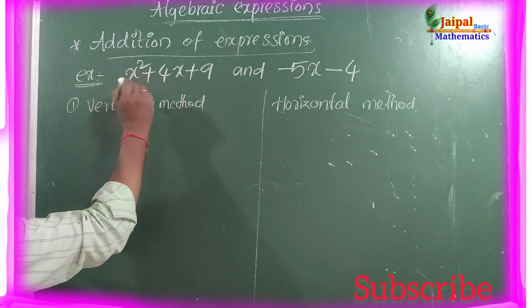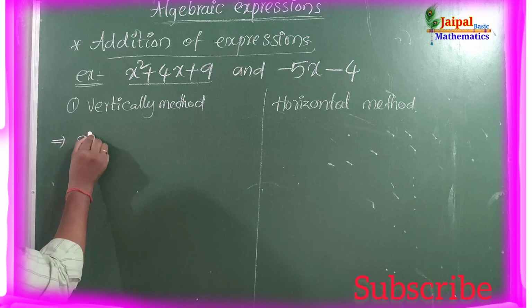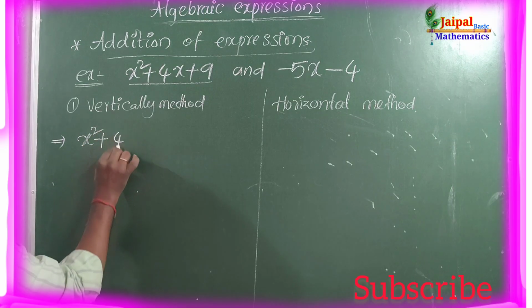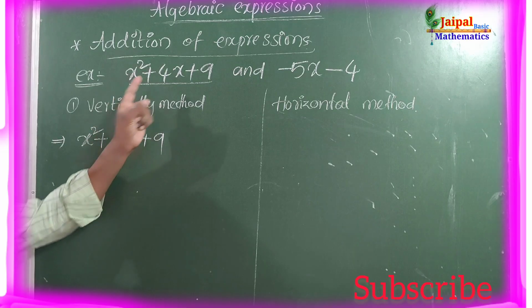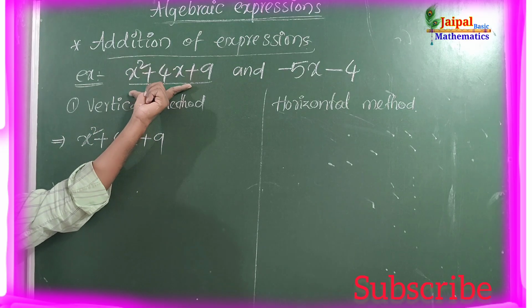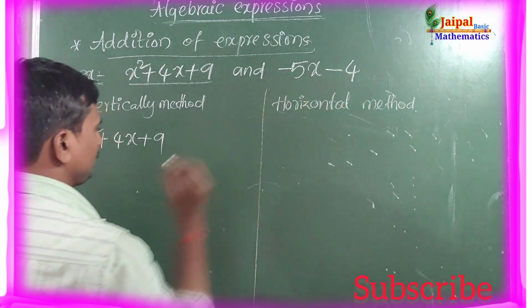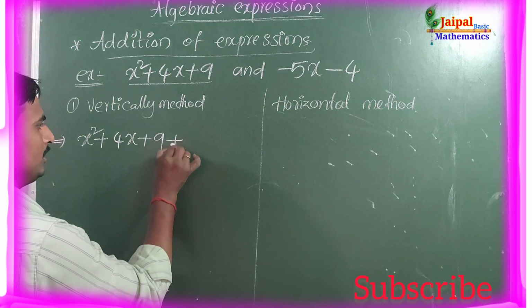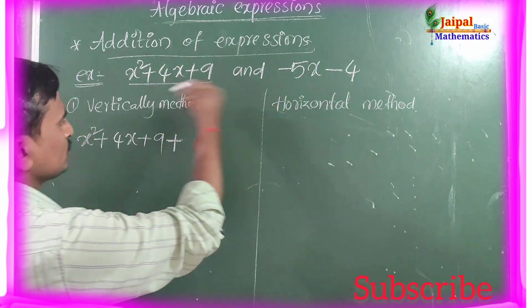So here in the vertical method, first write the first expression as it is, x square plus 4x plus 9. In the vertical method I wrote the same as what is given in the first expression. Next, while writing the second expression you have to keep a plus symbol, because plus means you are asking to do addition.